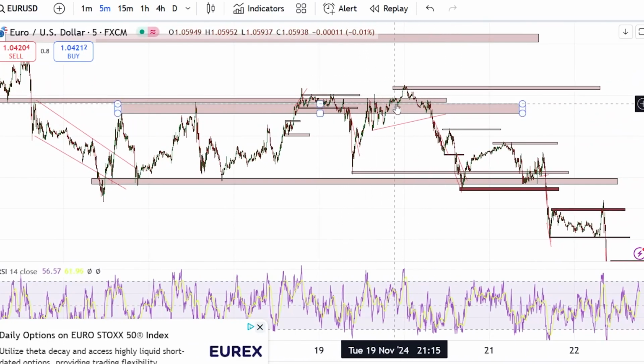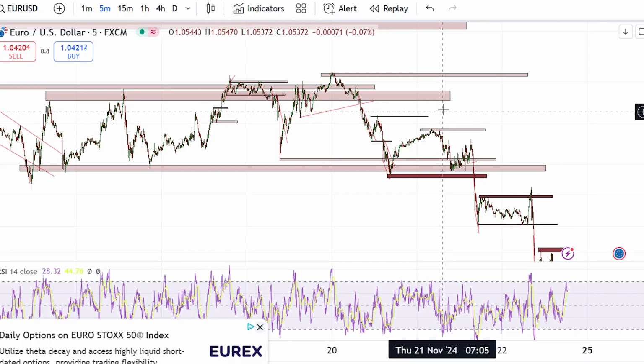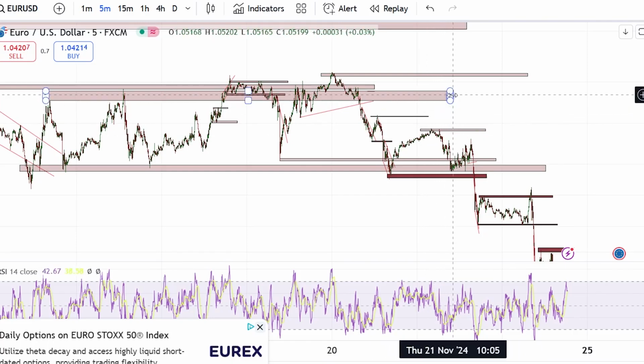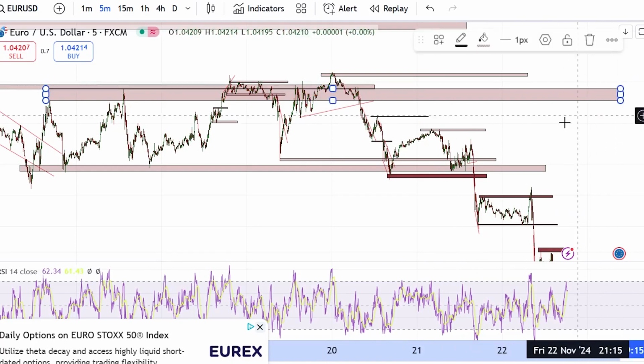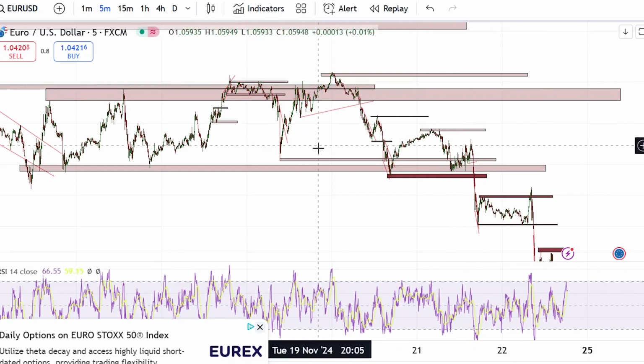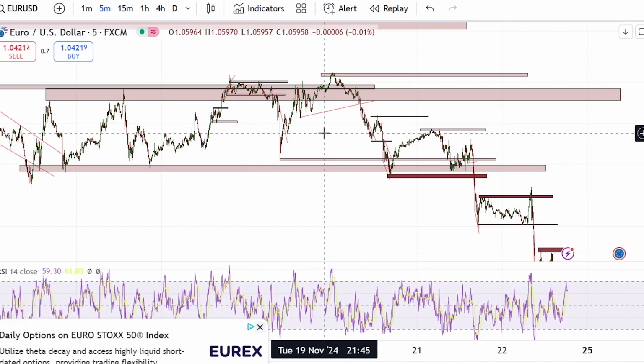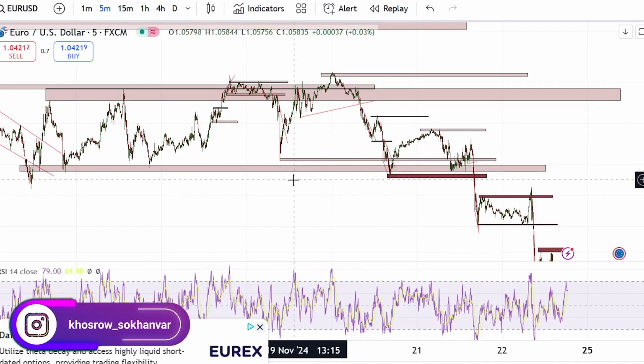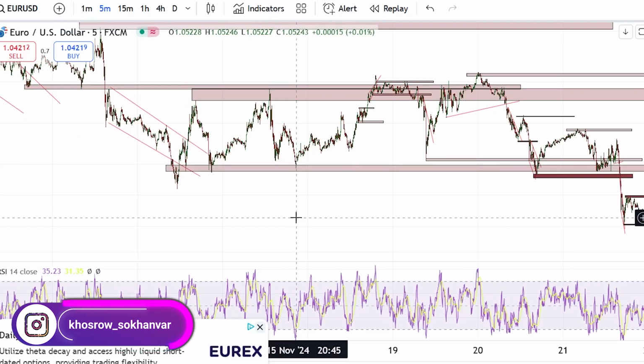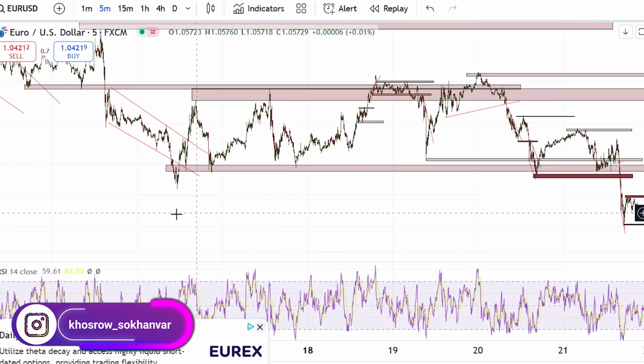So it worked 4 times. Then for the 5th time the price didn't arrive to it, so it failed after 4 times of working. So these zones, which you will learn in the next episode, especially in the episode related to trading ranges, you will learn them. But for now you need to just see the spike.